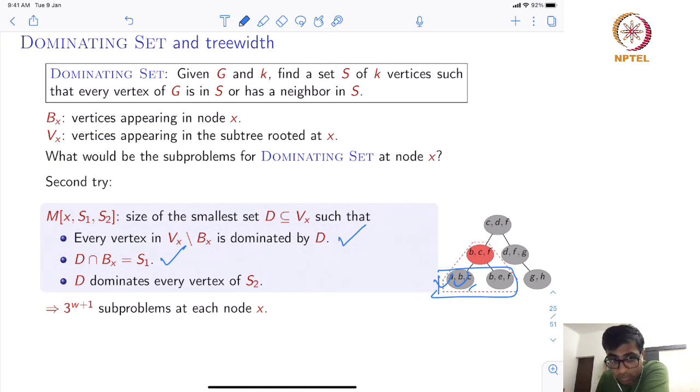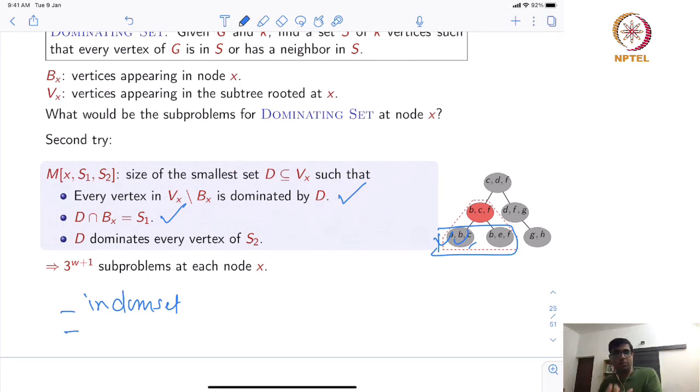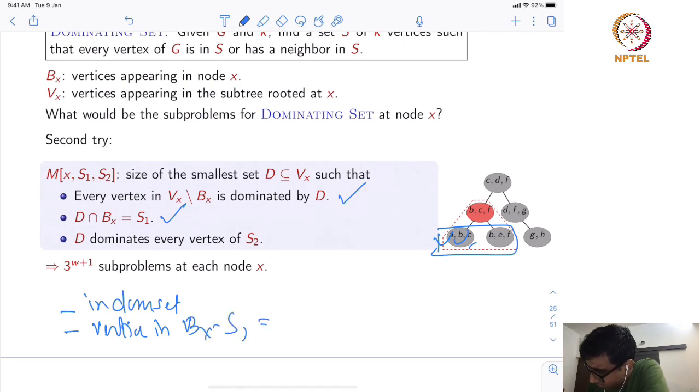For every vertex, the states are: in the dominating set, that is D intersection Bx is S1. Then vertices in Bx minus S1, which are dominated from below.